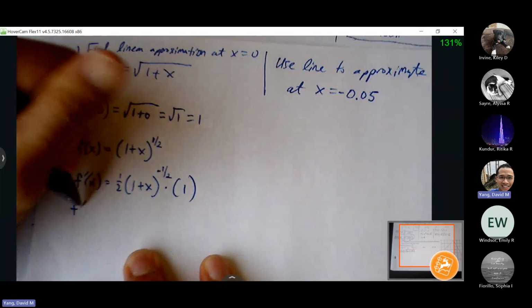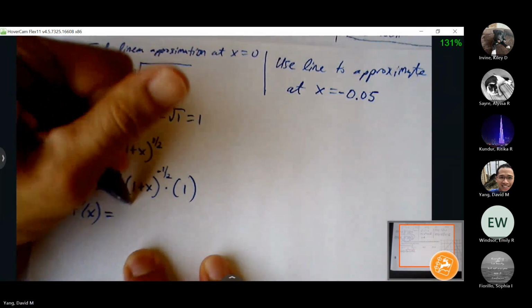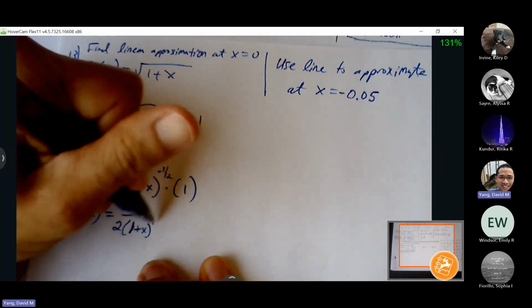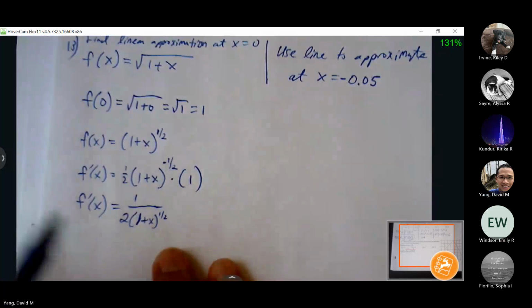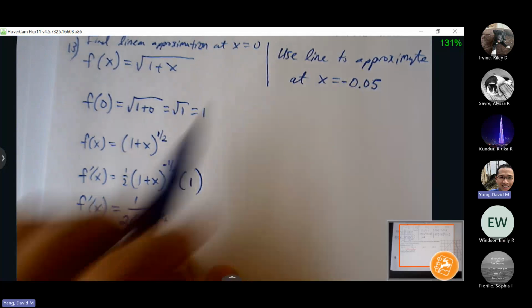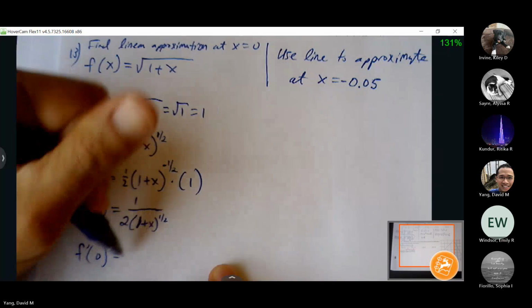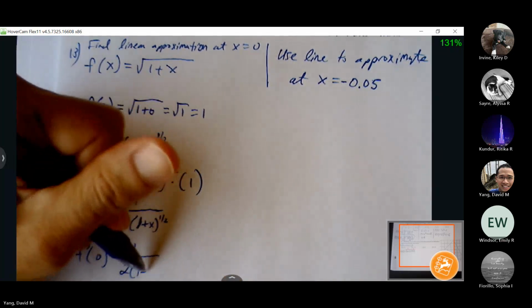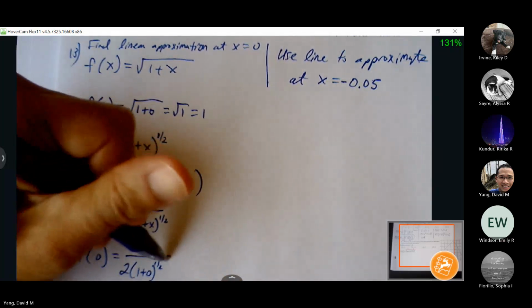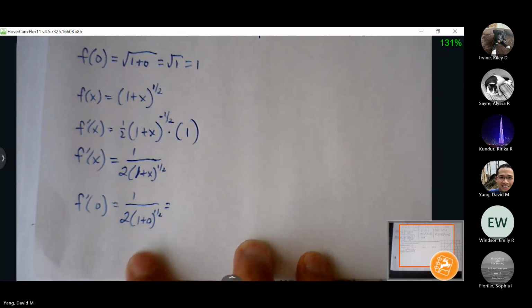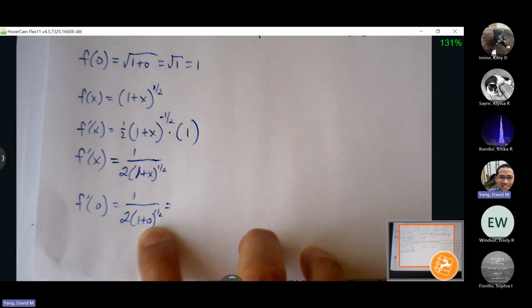Okay, so from our derivative, we can find our slope. Let me clean this up a little bit here. So f prime is 1 over 2, 1 plus x to the negative 1/2. Plug 0 in for x to find the slope at that point. What does that clean up to be? 1 to the 1/2 is still what?